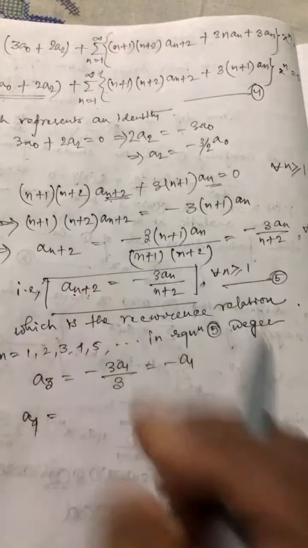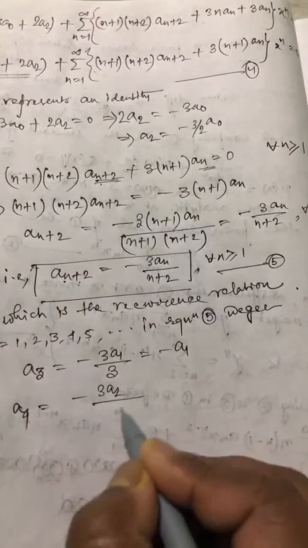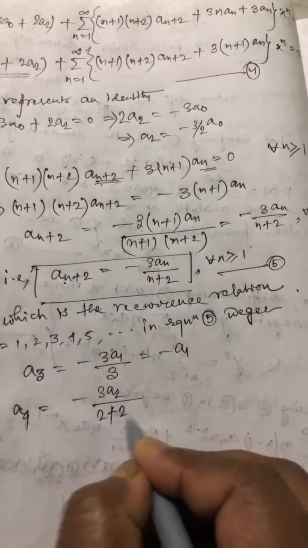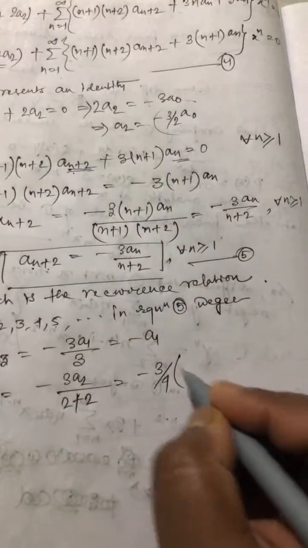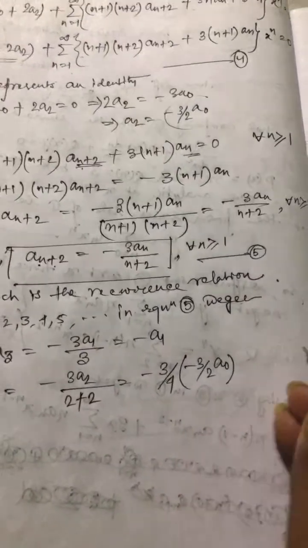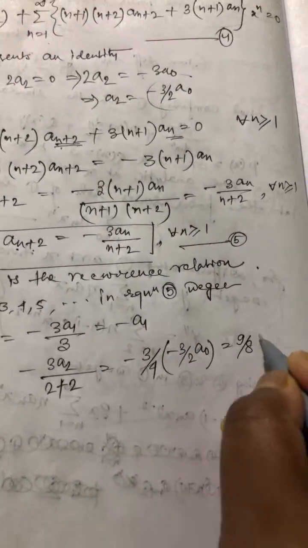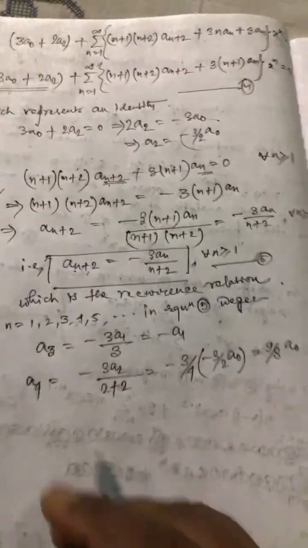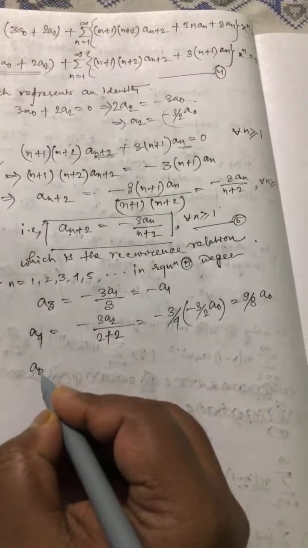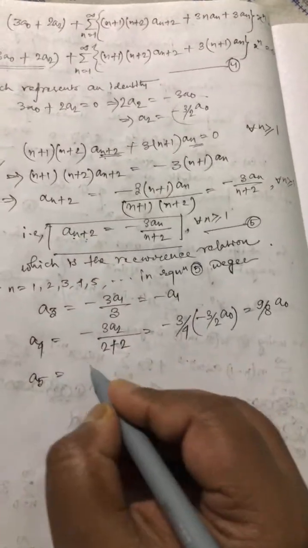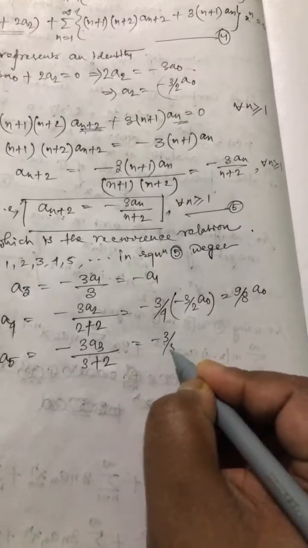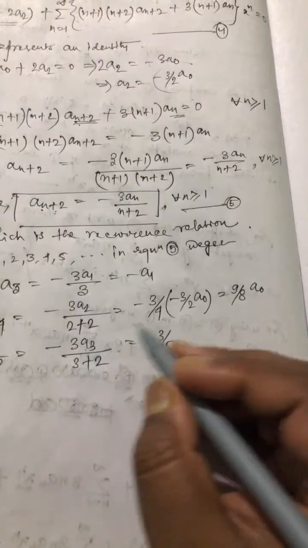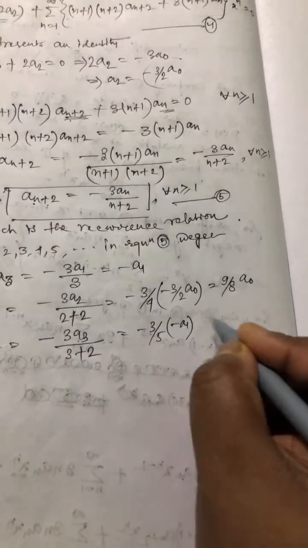a4, putting n equals 2, minus 3a2 by n plus 2, that means minus 3 by 4 a2. What is the value of a2? Minus 3 by 2 a naught. So 3 3s are 9, 4 2s are 8, 9 by 8 a naught. Then a5, putting n equals 3, minus 3a3 by 3 plus 2, minus 3 by 5 a3. a3 is already obtained as minus a1.